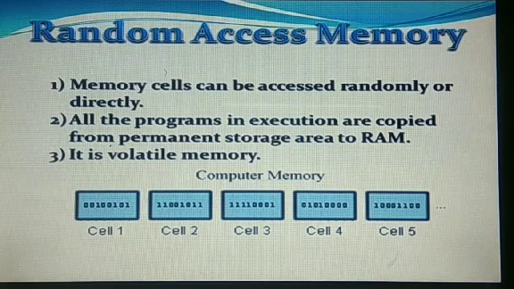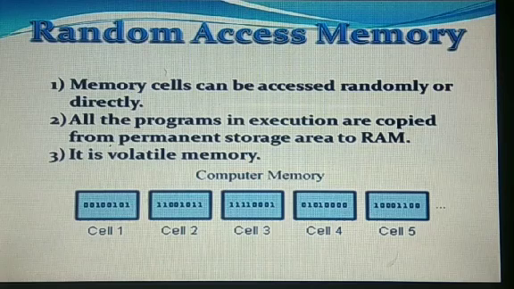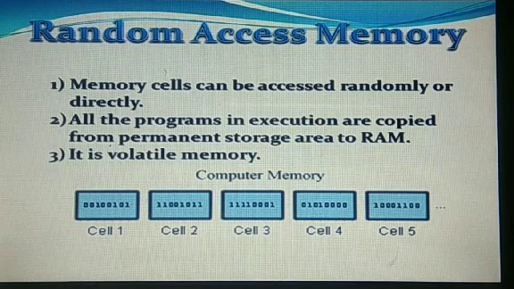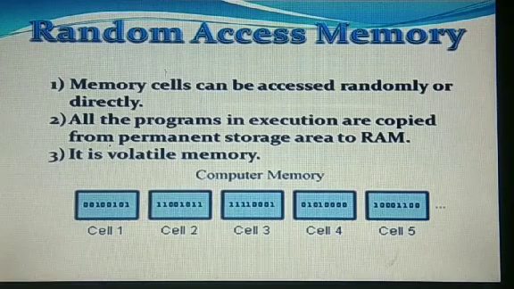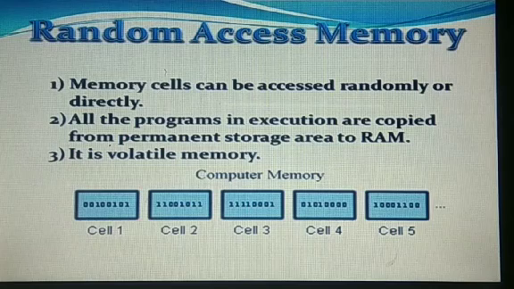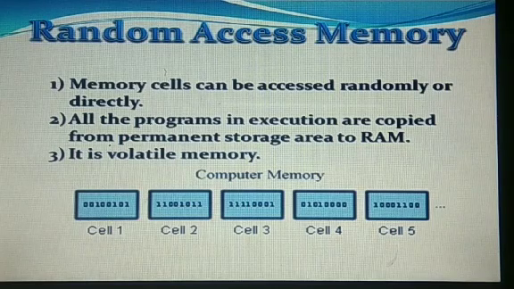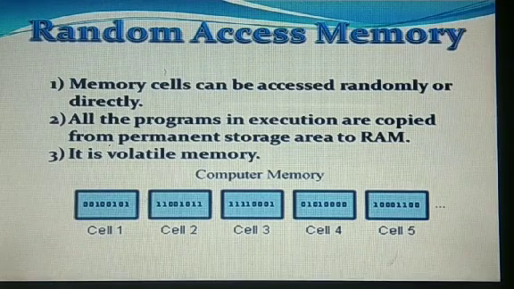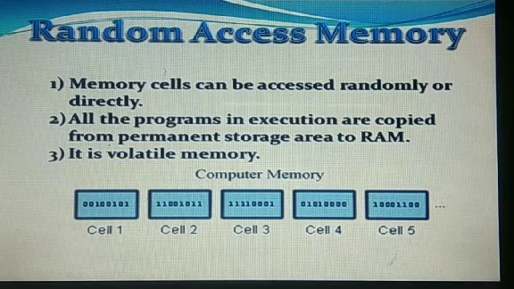Next thing is, it is a volatile memory. Volatility means that the data can be kept inside random access memory or RAM only as long as the electricity is there. As soon as the electricity is not there, if the current is not there, the data is going to be lost.